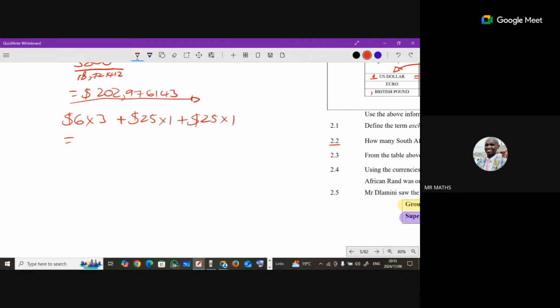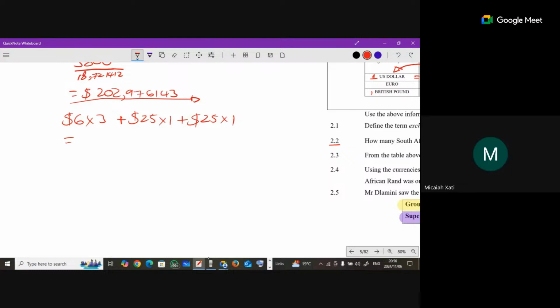What are you getting? So I calculate again. Remember, this is for each person. Then after you get the answer, you multiply by 3, because say one person wants to watch 3 matches, they will need $6, then $25, then $25 for 1 match each.